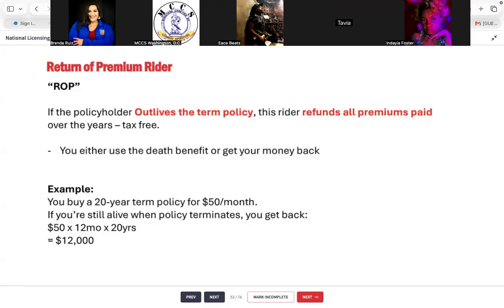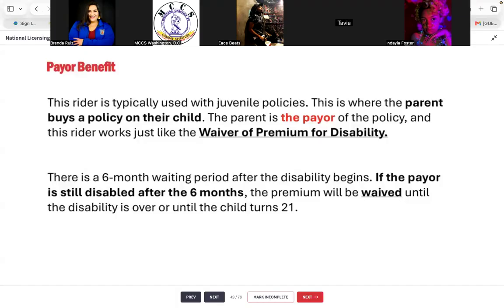I bought him a policy and I get sick, I'm unable to work. If I become disabled to the point where I can't work for 6, 7 months, this benefit right here will pay for my child's policy while I'm disabled.